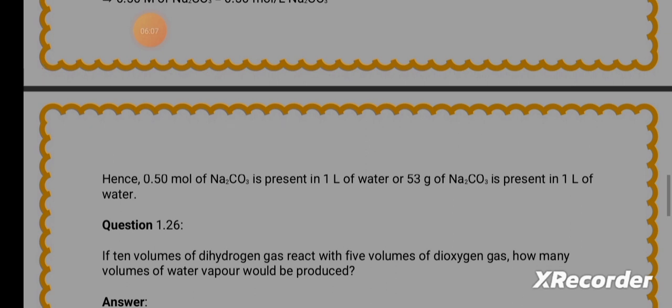Hence 53 gram of sodium carbonate is present in 1 liter of solution. If you have the small m, then you will say 0.50 moles of sodium carbonate dissolved in 1 kg of solvent.